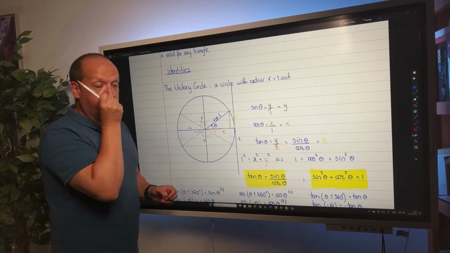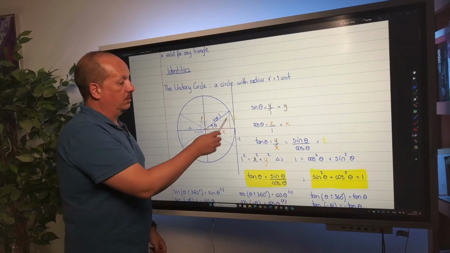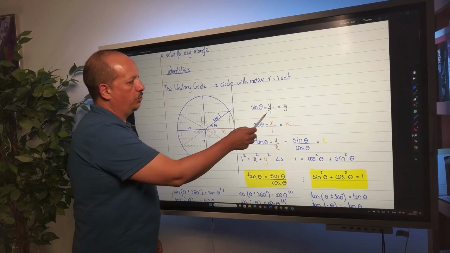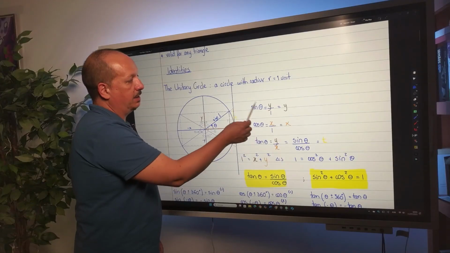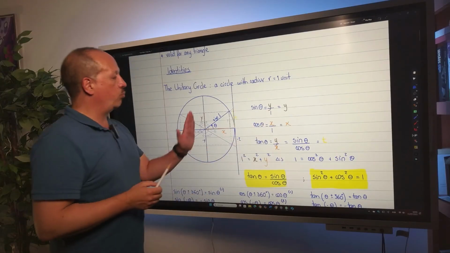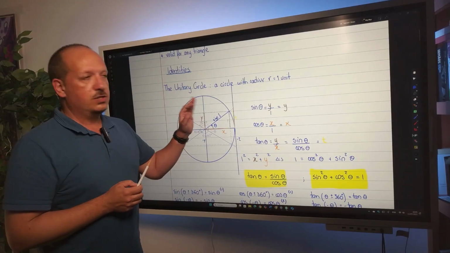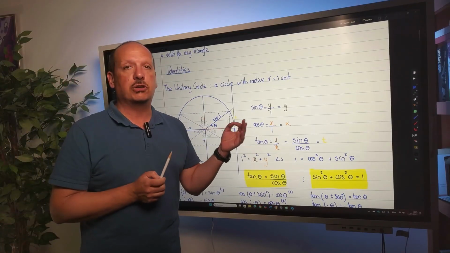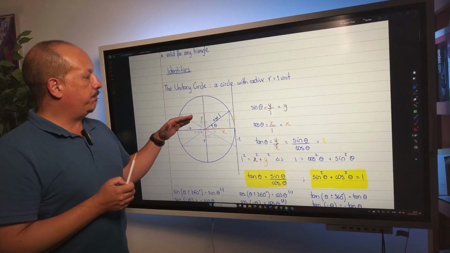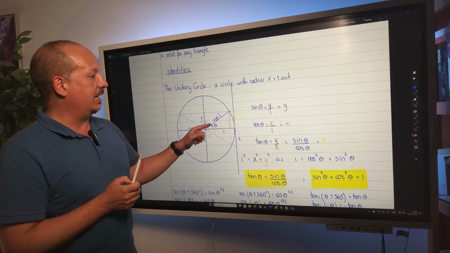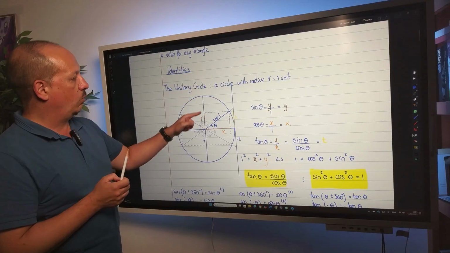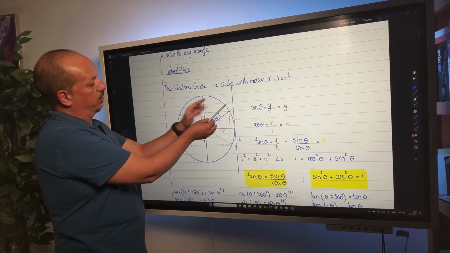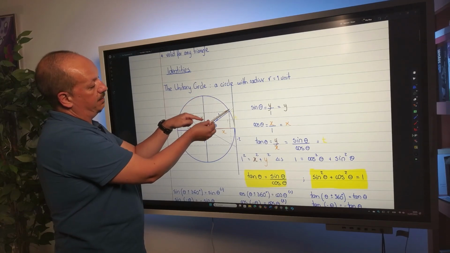So by definition, the sine of the angle is the opposite side, which is y, divided by the hypotenuse, which is 1, and basically the sine of the angle is just y, all right? So if you're using the unit circle, sometimes also called the trigonometric circle, the sine of an angle is measured here on the y-axis. If this angle varies, so will the value of its sine, right?